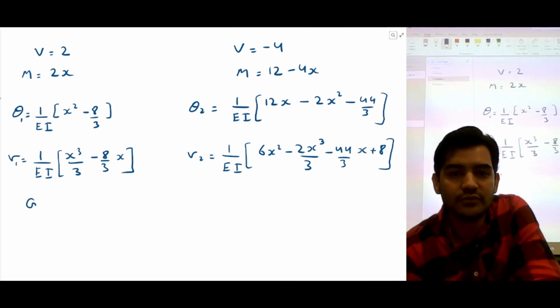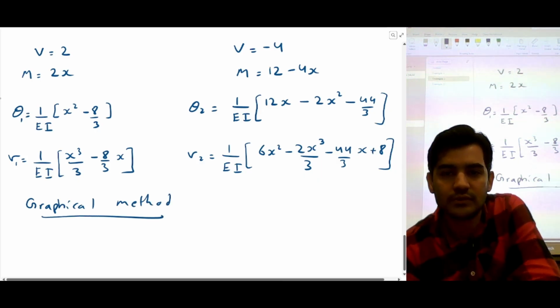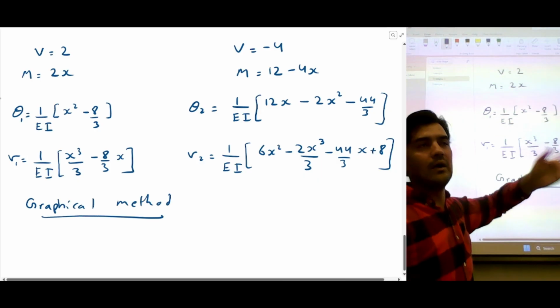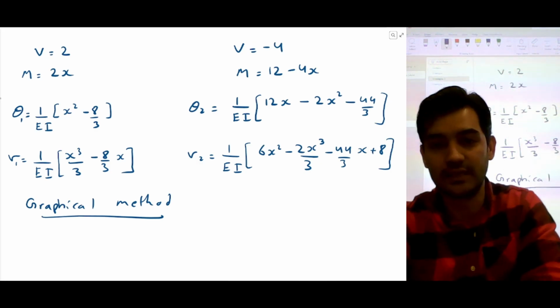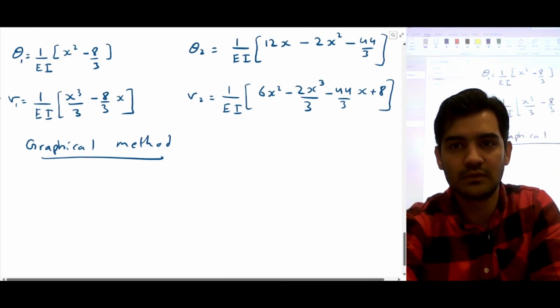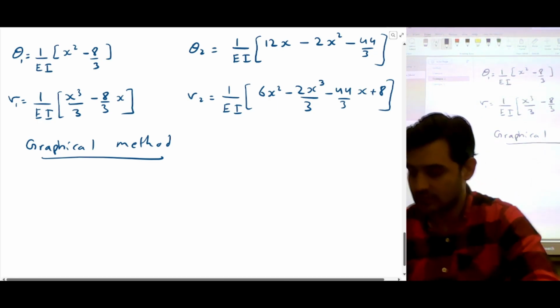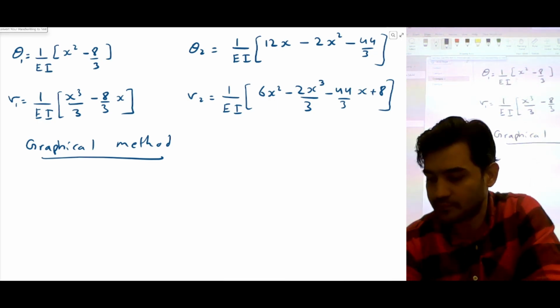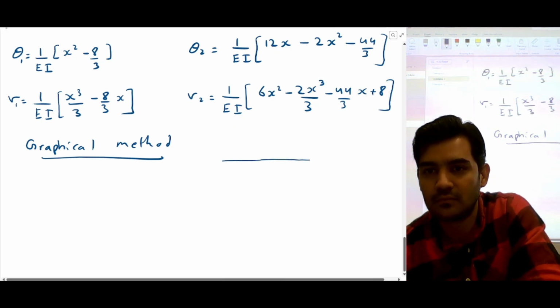So we're going to use a graphical method to do the similar thing. Some of you guys may already know how to do the graphical methods, but those who don't know, I'm just going to draw in front of you guys how it looks like. So let's draw our simply supported beam.